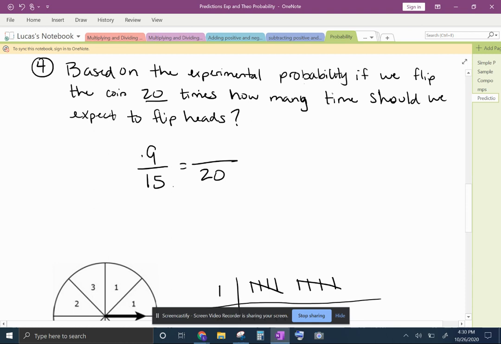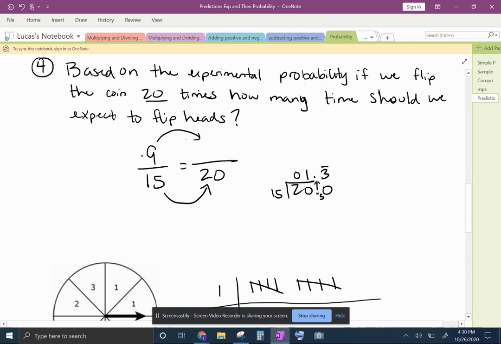So what we could do here is figure out what multiple I need to get from here to here, and we could do that by dividing. This is one option. So 20 divided by 15 is 1, and it leaves over 5, and then that would be 1.3 repeating.